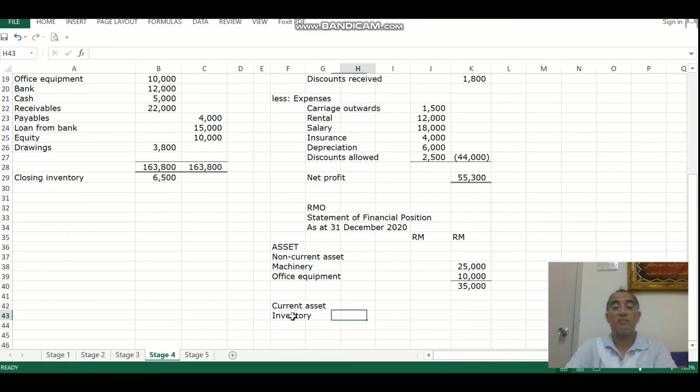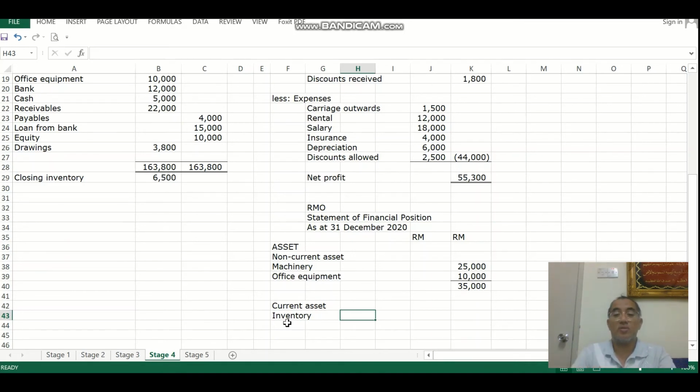Sometimes I keep on forgetting what to put first, because we go according to chronological order, starting from the not so liquid, that is inventory. Then you sell your inventory, but they don't pay cash because they don't have money. So they take the goods first, and I need to accept that this person is my asset because he is my accounts receivable.